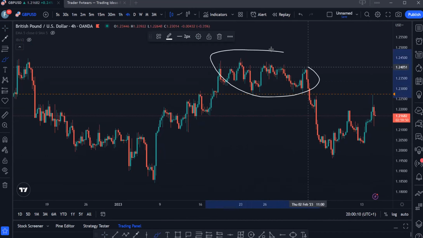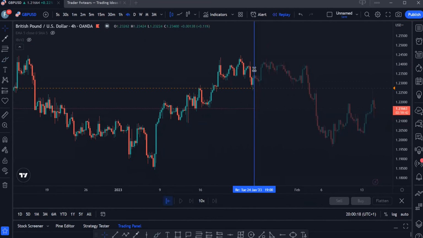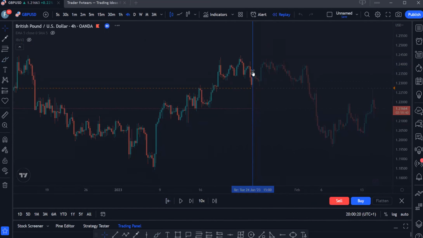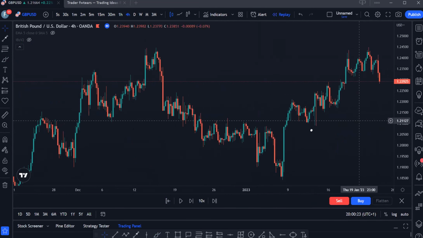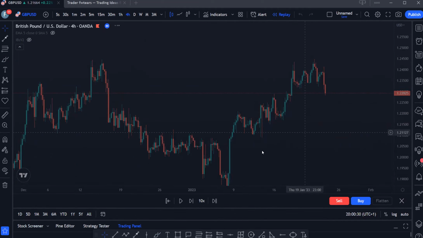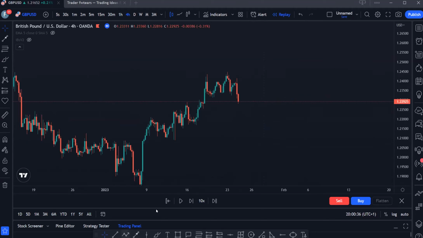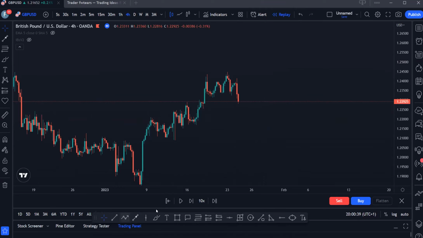I can see a resistance zone. Okay. I can see resistance. So let's do a bar replay here. Let's assume that this is where price is. All right, good. So we're together. So over here, we can see that price came here like so. Price was going up, and then suddenly you can see the swift reversal.